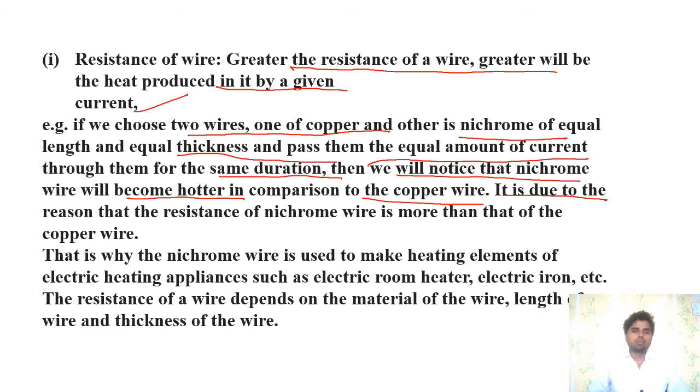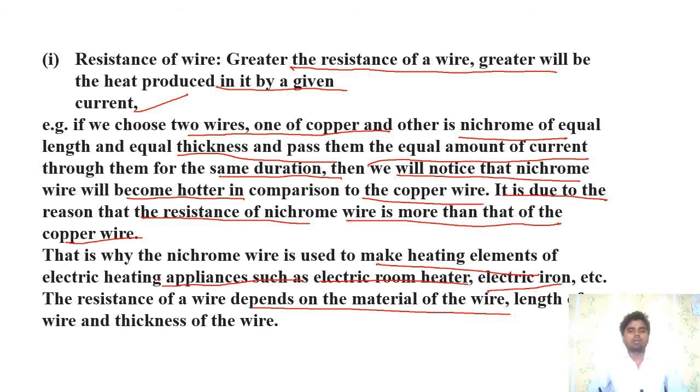It is due to resistance, as the resistance of nichrome wire is more than that of copper wire. That is why nichrome wire is used to make the heating element of electric heating appliances such as electric room heaters and electric irons. The resistance of a wire depends upon the material, length, and thickness of the wire. So these are the things on which the heating effect depends, like the resistance.